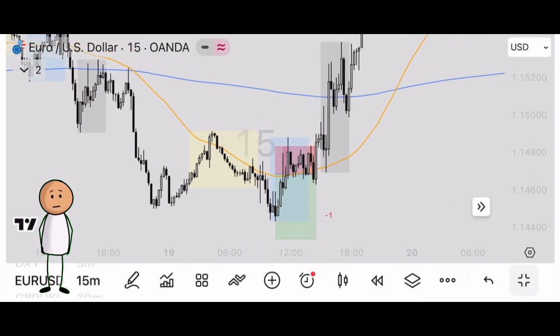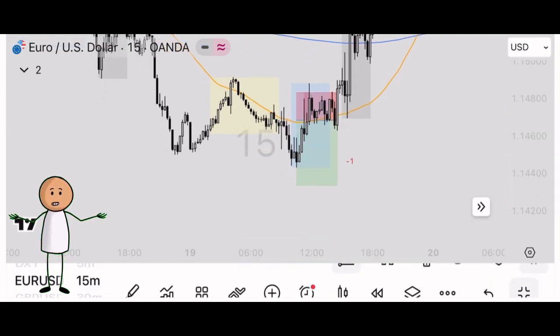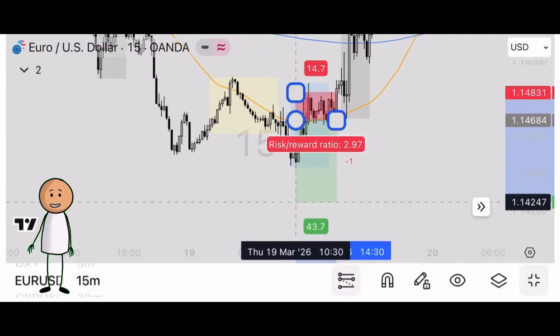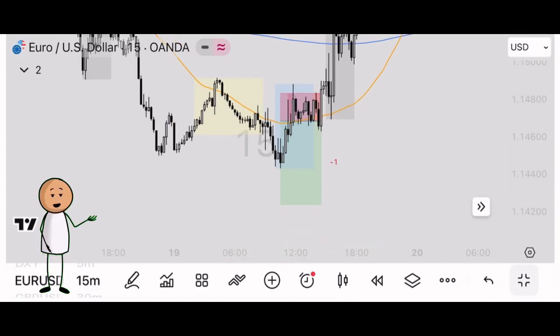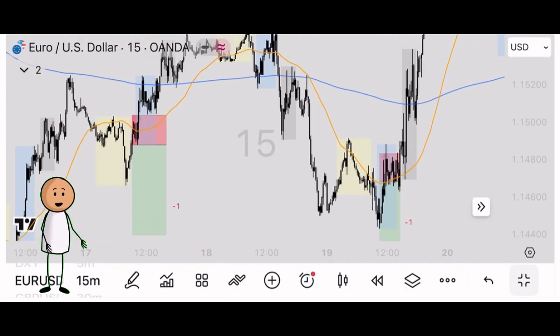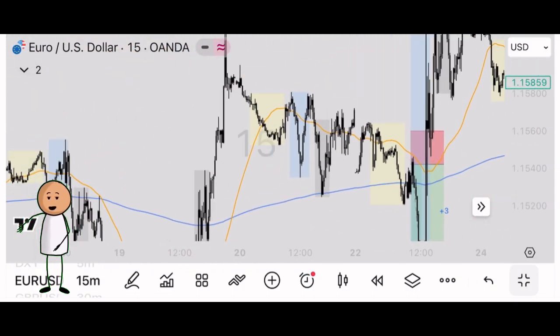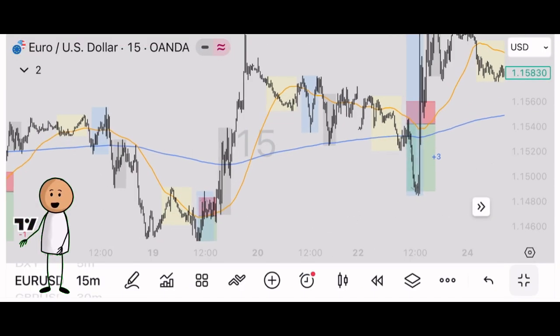Then it hit my stop loss. If you look at this, maybe it was a bit of a B setup, because we are kind of consolidating. But anyways, could have taken the trade, and as you saw by the stop loss size, we had a 1:3 that we needed to reach.